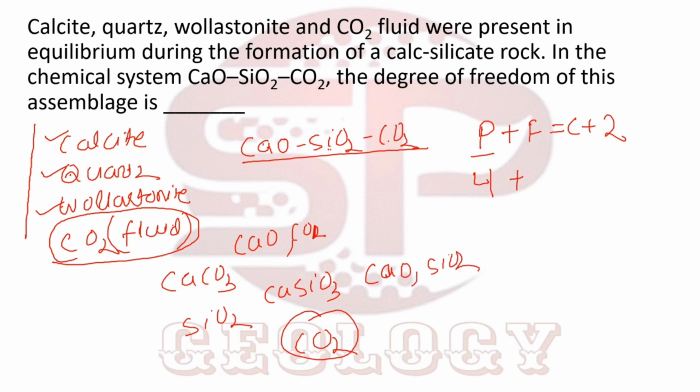So these three are the minimum number of chemical species to represent all the phases in the system. So that's why component will be 3. So degree of freedom will be 1.